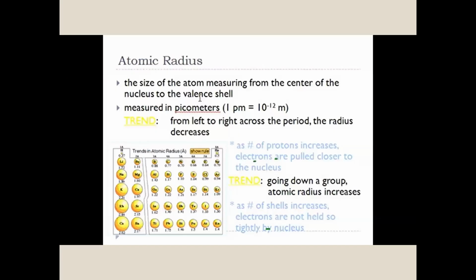So what is the trend of the atomic radius in the periodic table? I will take group 1 as an example. Group 1 starts with hydrogen, and hydrogen has only 1 electron.